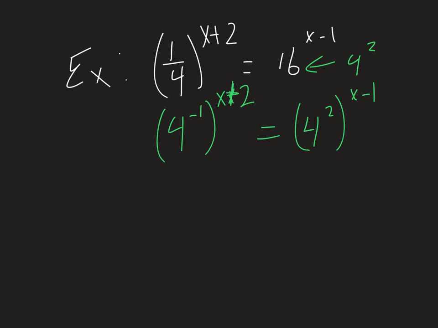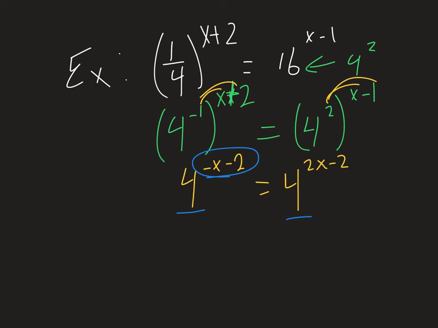Now, I'm going to do myself a little favor and distribute the negative 1 to both of these exponents. So this turns into 4 to the power of negative x minus 2, just using my power of powers rule. And then the same thing here, so 4 to the power of 2x minus 2. Now at this point, I have 4's on both sides of the equation as the base.